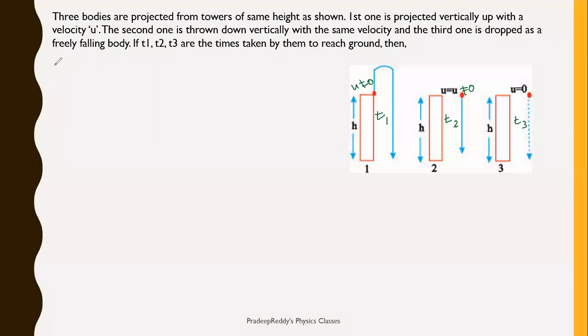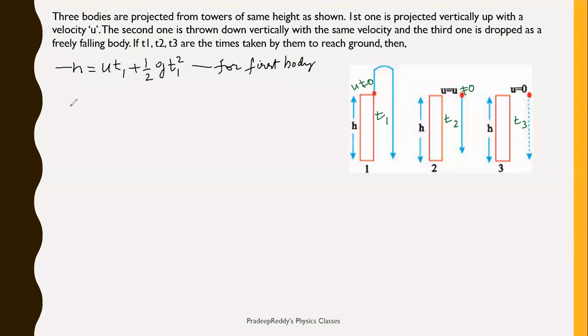First, I can write it as minus h is equal to u T1 plus half g T1 square. This is for the first body. Next, coming to the second one, the body is falling down, but it is not a freely falling body.